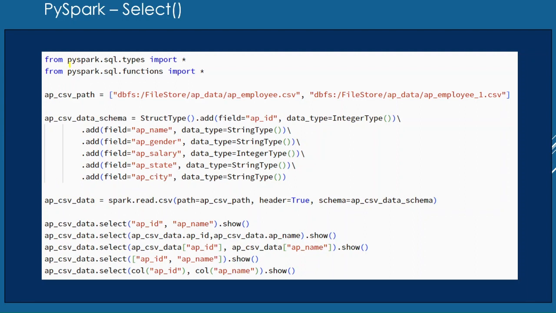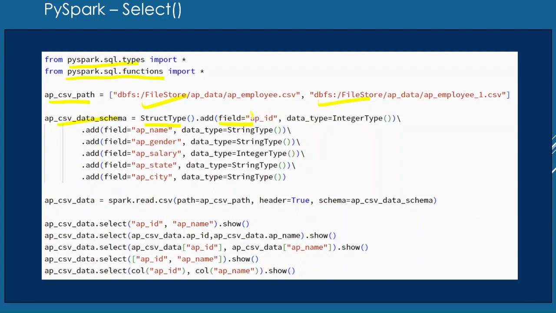So in this exercise, I am importing all the required libraries, creating a CSV, creating a list variable which has the path of the CSV file, and creating a custom schema with the help of StructType and StructField.